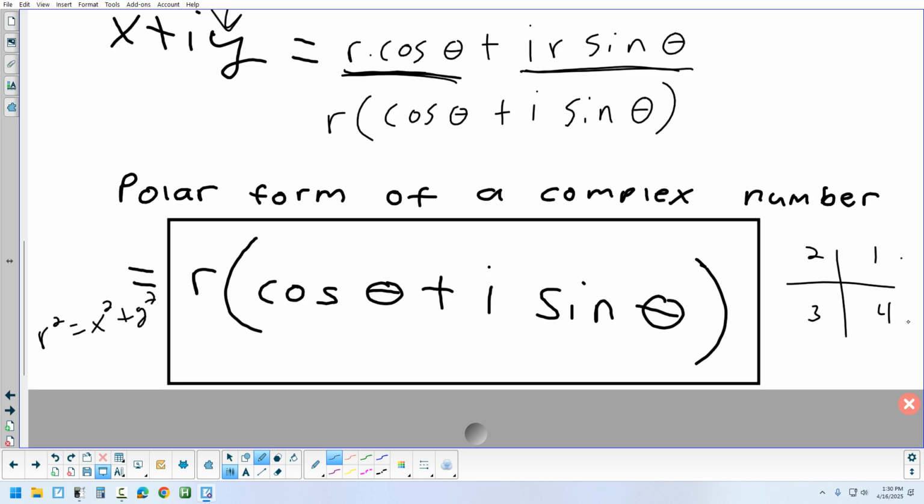Inverse tan of y over x, and it's the same formula today. And what if you're in quadrants 2 or 3? You had to add 180 or pi, plus the inverse tangent of y over x. So the formulas you use to find theta and to find r are the same formulas we used yesterday.